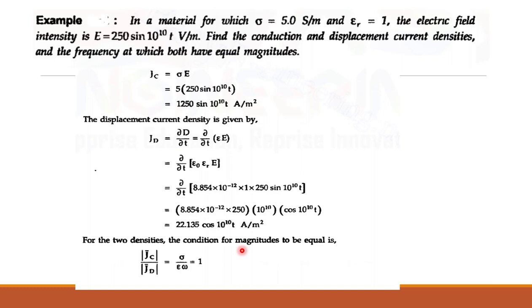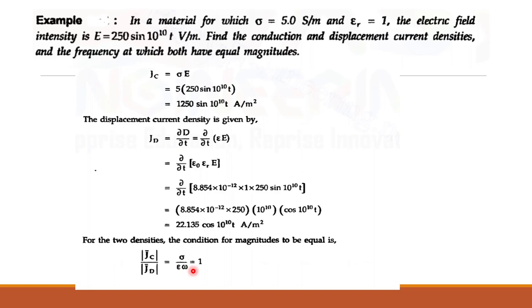That ratio can be taken and we can find out whether the medium is air or other than air. We know that the magnitude of Jc is 1250 and the magnitude of JD is 22.135. Take the ratio. Sigma is already given to you as 5. Epsilon is already known to us, it is epsilon naught into epsilon r. We have to find out what omega is.